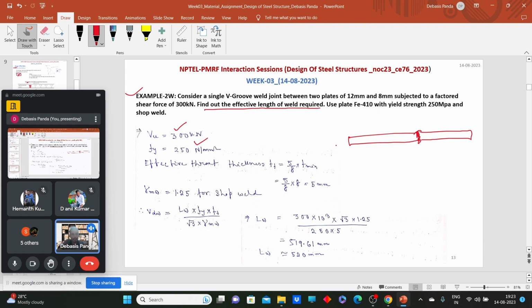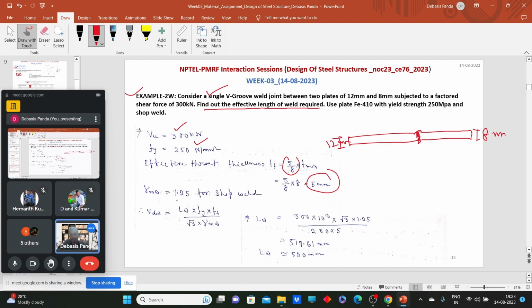Now, for the effective throat thickness, consider which kind of weld this is. This is a single V groove weld. So what should the throat thickness be? 5/8 of the minimum thickness. Two plates are there, one is 12 mm and one is 8 mm, so that comes as 5 mm.